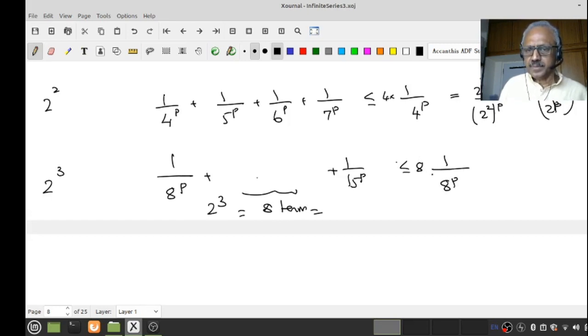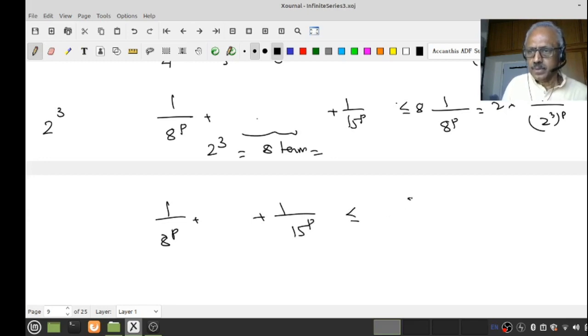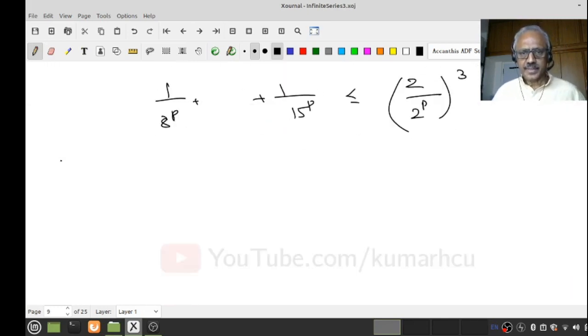That is 2 cubed times 1 upon 2 cubed to the power p. Therefore, these 8 terms are less than or equal to 2 by 2 to the power p, the whole cubed. Are you following?